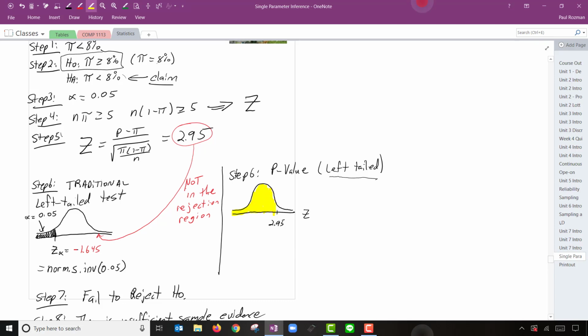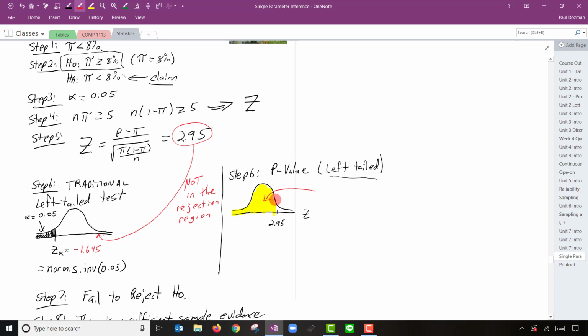When I wrote the definition for p-value, it was kind of vague, more extreme or less extreme than what you've observed. And I use the word extreme rather than bigger or smaller because it depends on which direction you're going. If you're headed to the left, you shade to the left. If you're headed to the right, you shade to the right. And if it's two-tailed, you shade a bit in the upper tail and a bit in the lower tail. So in this case, my p-value is this shaded region.